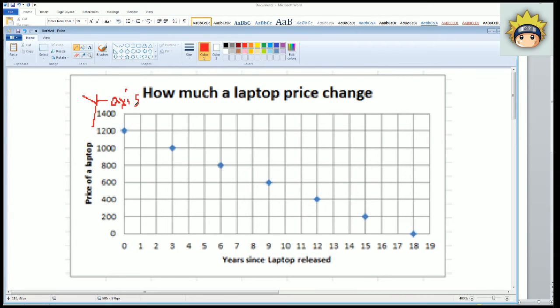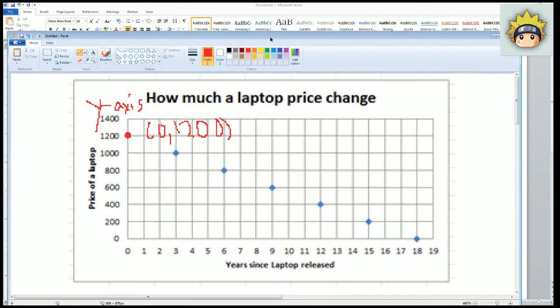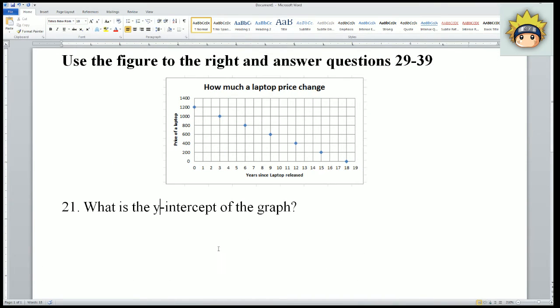And it seems like it crosses at this dot. We call this 0, comma, 1200. So that is the ordered pair for the y-intercept, where the graph crosses the y-axis. So the y-intercept is at the point 0, 1200. Let me make that bigger for you.